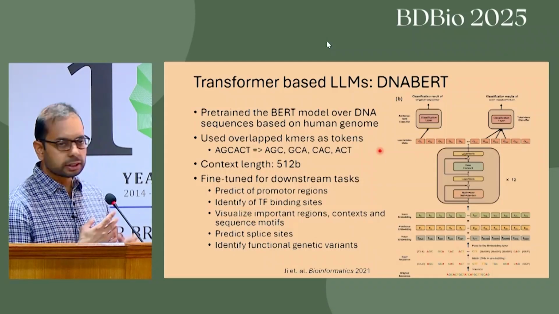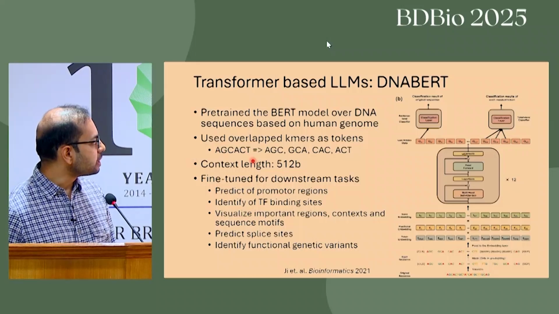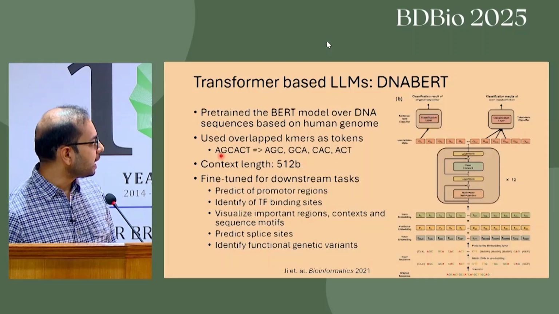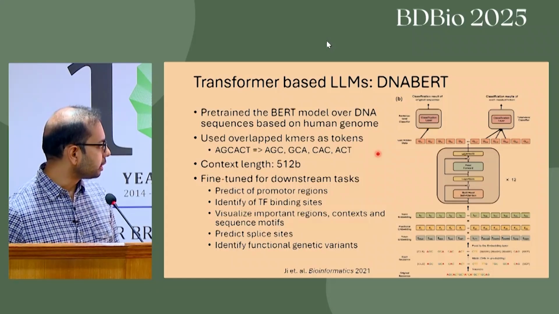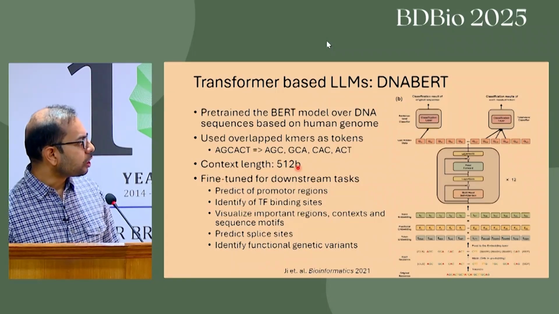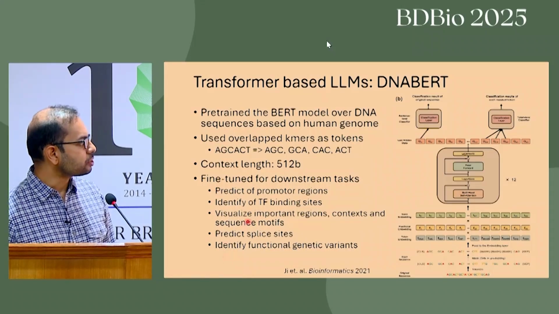So this is not some kind of learned tokens. They just take the sequence and divide that into overlapped k-mers. By that, what we mean is that the first one will be AGC, and then you start with this G, so the next one will be GCA, and so on and so forth. So these are the tokens which are created. It allows for a context length of 512, and it is fine-tuned for various downstream tasks.